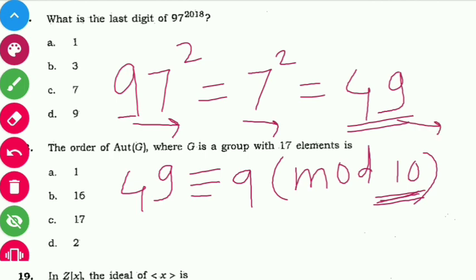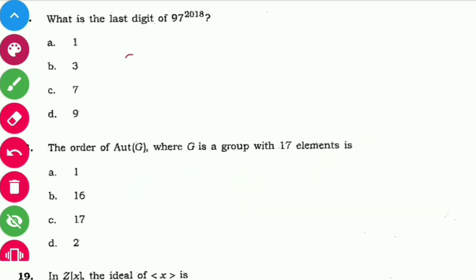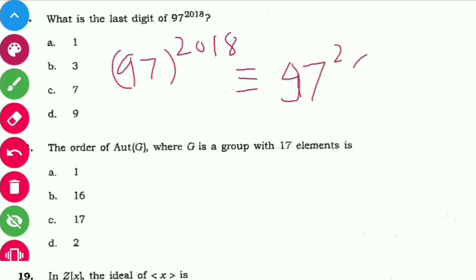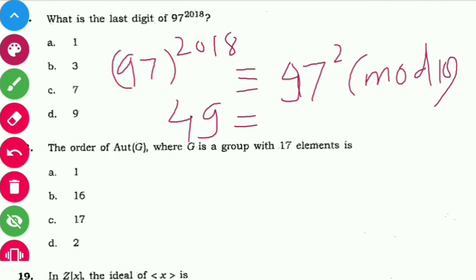And then this is just 49, and then 49 is congruent to 9 mod 10, right? So by the rules of these congruences, previously we have 97 raised to 2018 is congruent to this 97 square mod 10, and we have here this 49 is congruent to 9 mod 10, ठीक है?